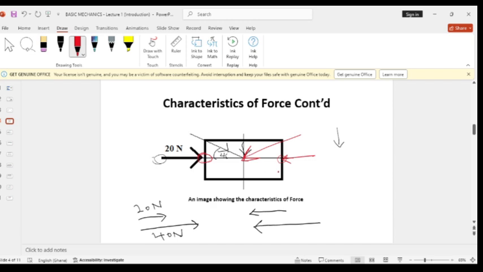So line of action, what is the line of action of a force? The line of action of a force is the imaginary path. Let's say it's the imaginary path that the force passes or the force uses. It's an imaginary path that the force uses. So let me draw the rectangle again here.